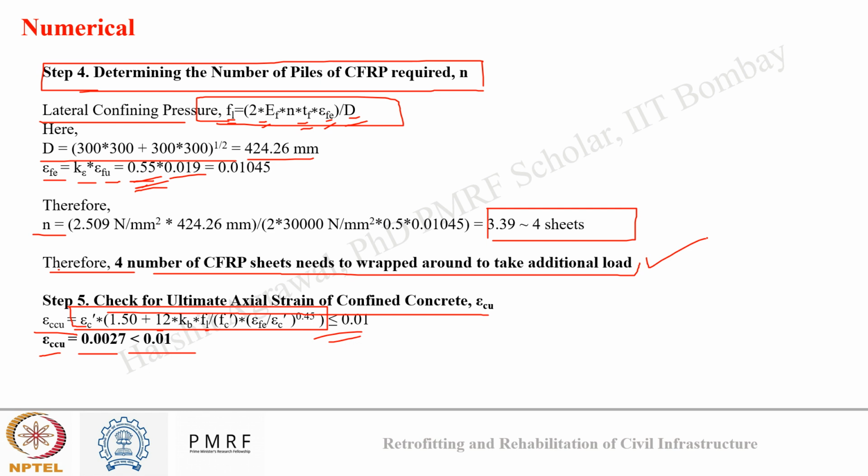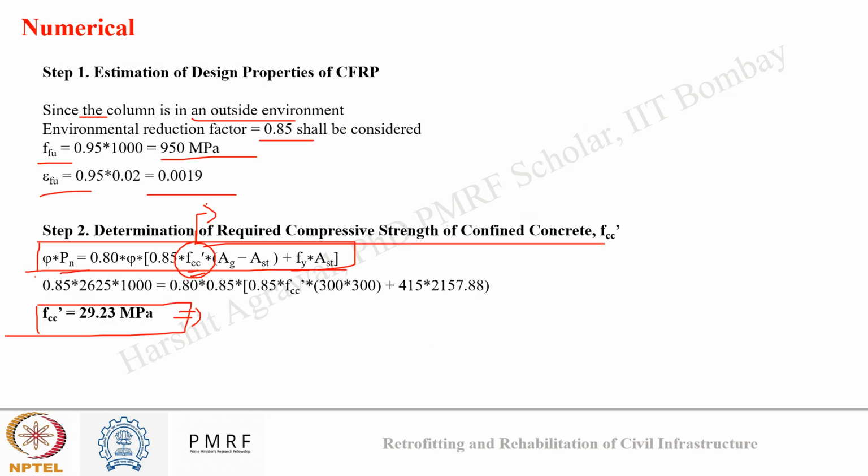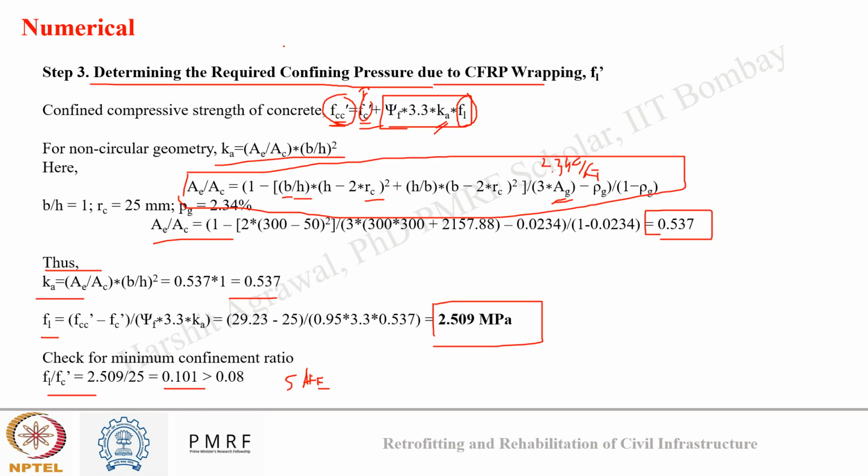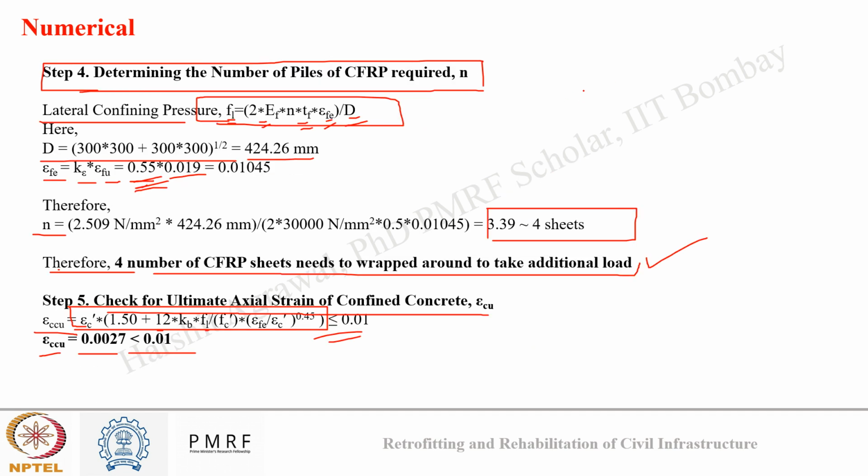So this is the design procedure for axial strengthening of FRP. What we do initially, we determine how much compressive strength of confined concrete we need. For getting this much amount of strength, how much confining pressure I need from CFRP wrapping, and for getting this much amount of confining pressure from CFRP wrapping, how many number of CFRP plies I need to provide.